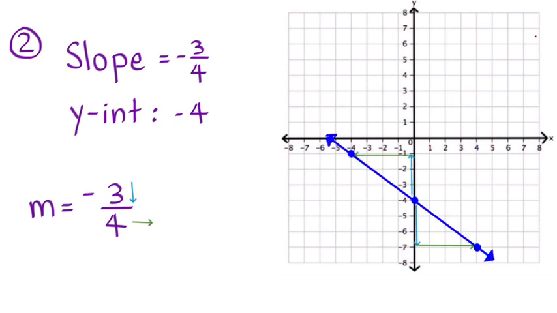Or if I choose to apply it to the 4 instead, saying that my slope is 3 over -4, well then I'll be going up 3 and over -4, right?